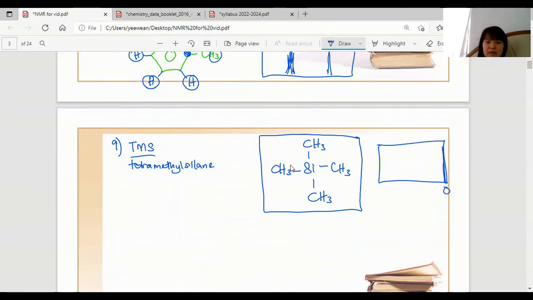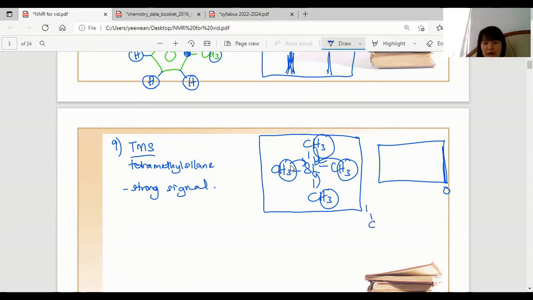Okay, why do we use TMS? The first reason is because it gives us a very strong signal because of those 12 hydrogens, or 12 protons here. We rather call them protons. So 12 protons here have the same environment. They're all next to this silicon. So that gives us a very strong signal. That is one reason. The second reason is because the chemical shift is comparatively low compared to other organic compounds.